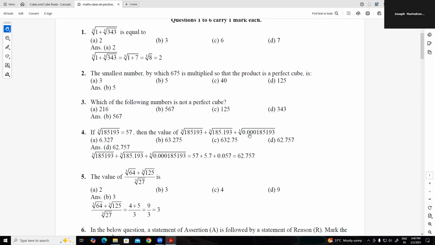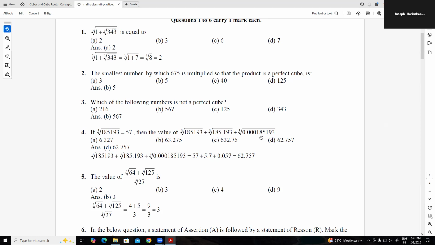But if you take the number 0.000185193, how many decimal places are there? There are 9 decimal places to the right of the decimal point. For every 3 decimal places, take 1.